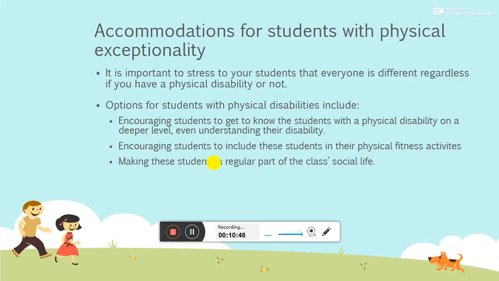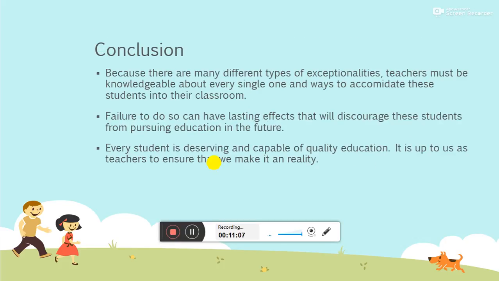When you get to know a student, you never know what you might find out, or what kind of friend you might find. So encouraging students to accept a student with a physical disability into their classroom and into their social group is an important way to get them to be accepted by all students.